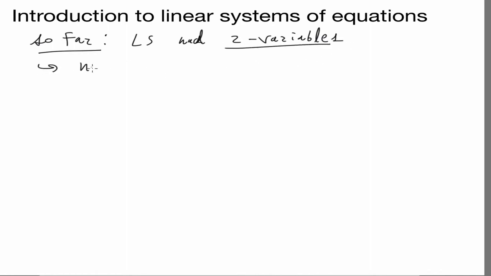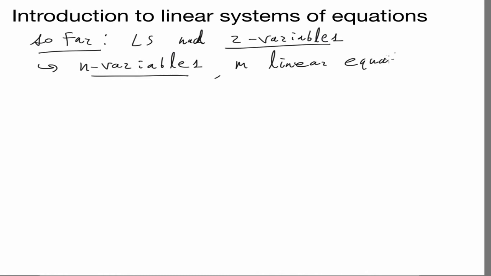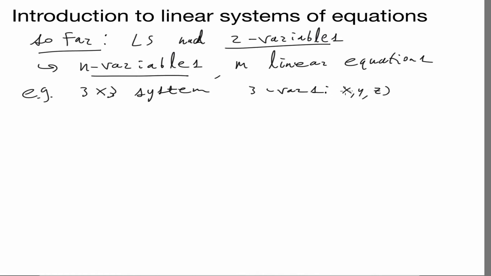You can also have n variables, and also we could have m linear equations. So another example would be that of a 3x3 system. And what we mean here is there's three variables, so for instance, x, y, and z. And then there'd be three equations.